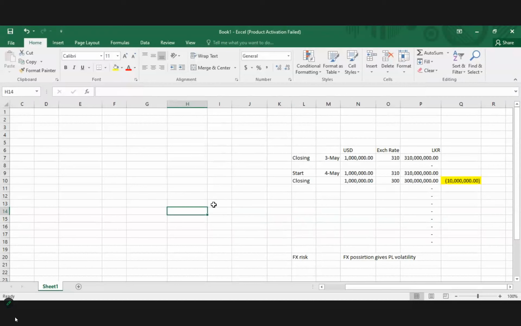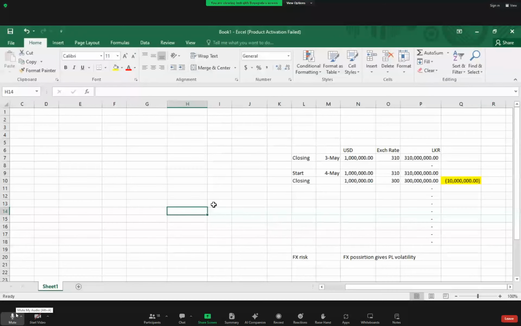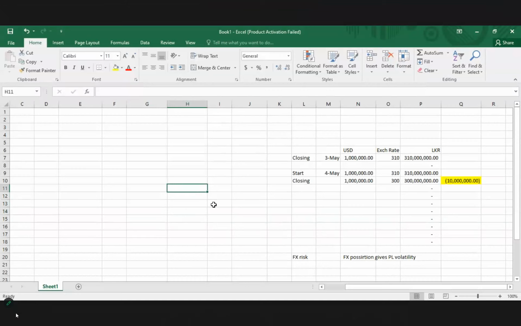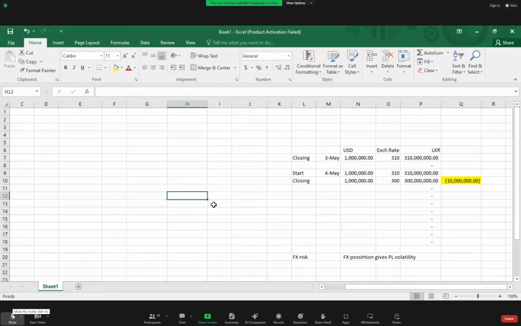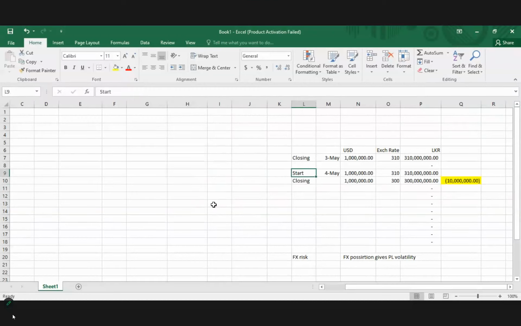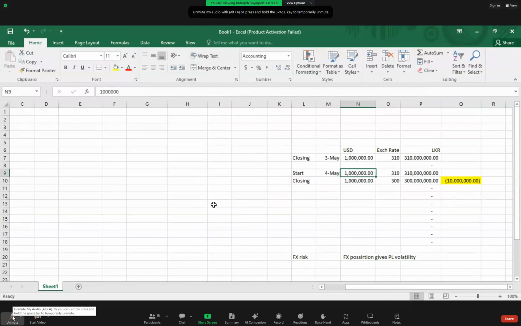Forward rate transactions and do what? Buy or sell. So selling means what? Reducing this position, right? So either it could be forward sell or even spot sell.